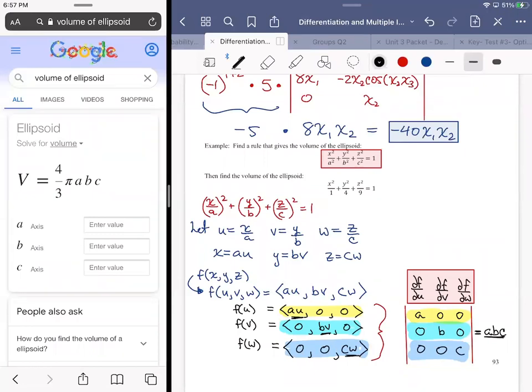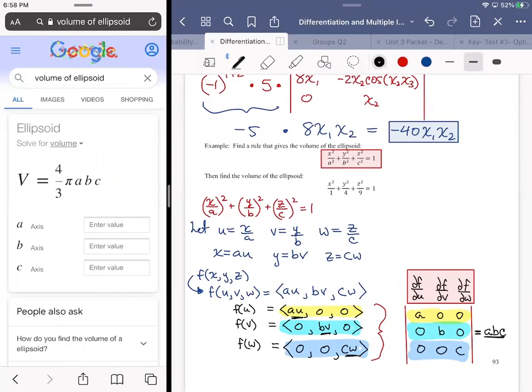So the ellipsoid formula is 4/3 pi ABC. The ABC has meaning to it. What I was hoping to show you, if GeoGebra functioned properly, was that the product of A, B, and C, in this case 1, 2, and 3, which is 6, would have given us 6 multiplied by 4/3 pi, resulting in 8 pi.